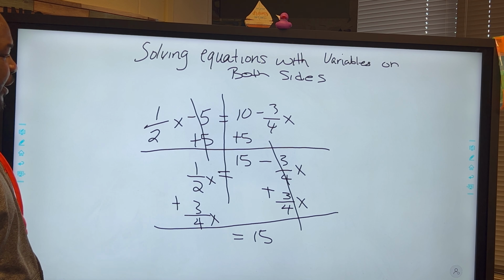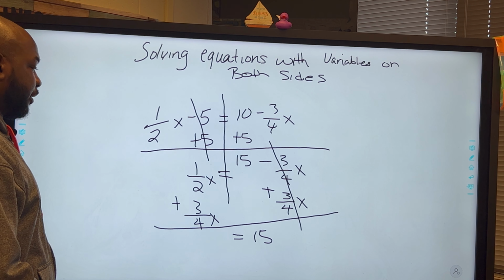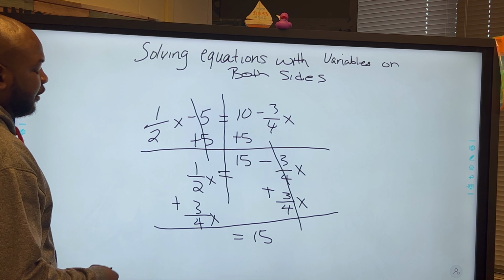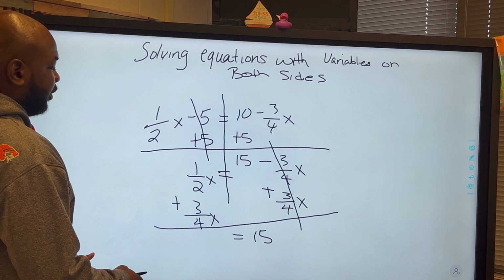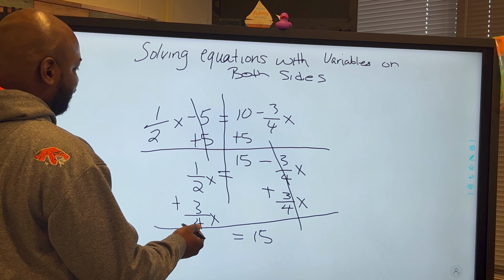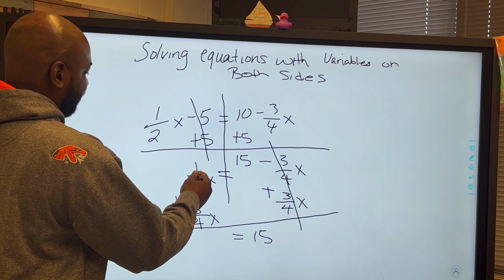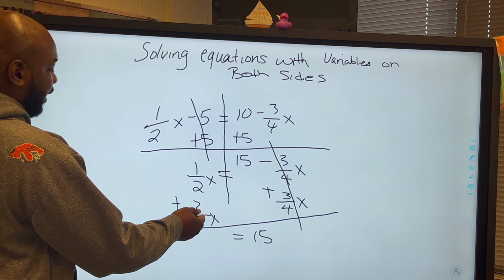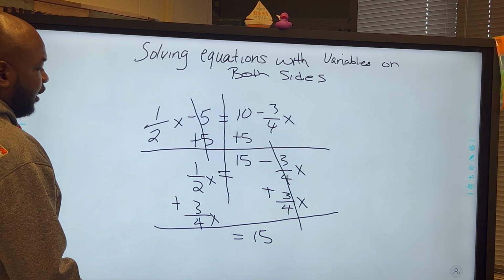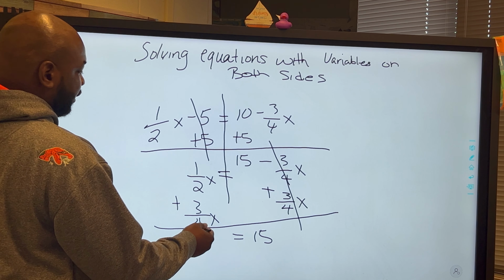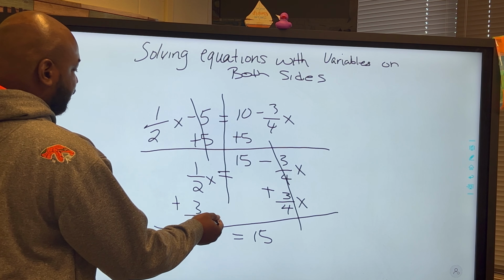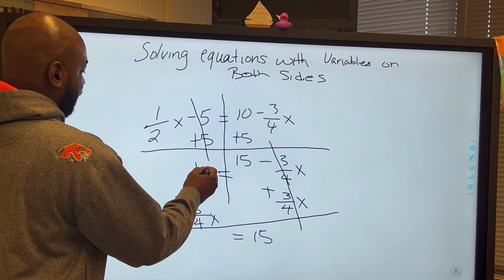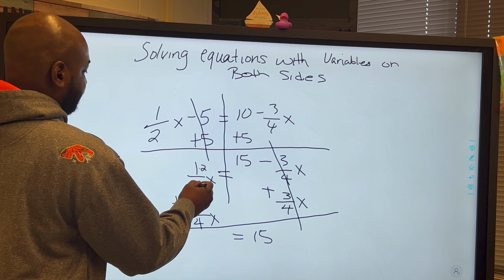So we have to find the like terms, which are 1/2 x and 3/4 x. Then we're going to find the common denominator, because we have to solve it with the correct denominator. I know that 2 times 2 is 4, so I'm going to multiply 2 times 2, and I'm going to multiply 1 times 2.